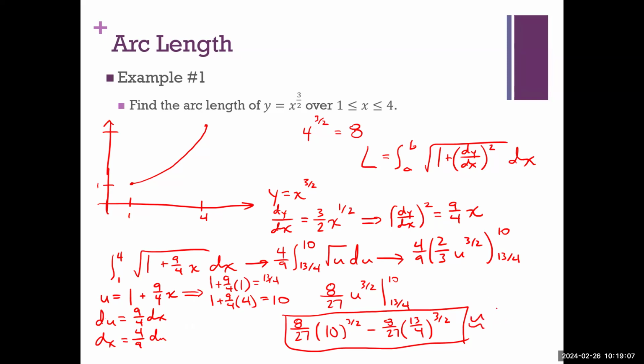So this is about 1.599. I must have done something wrong, because that doesn't make any sense. If someone else approximates this, let me know what the right answer is, because that can't be. 7.63. That seems to make more sense.